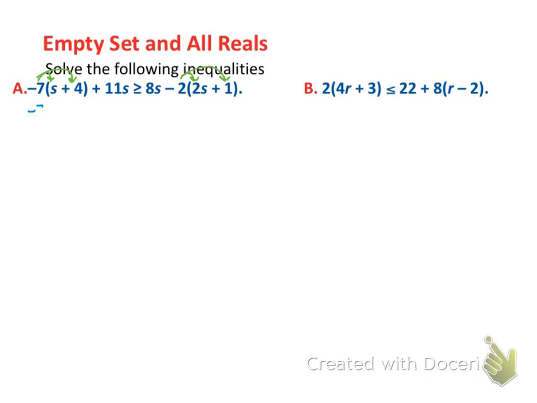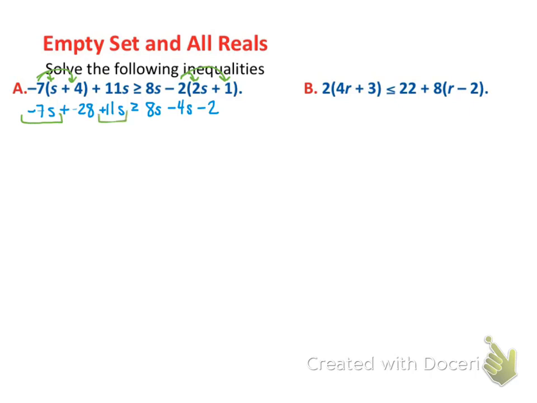That'll give us negative 7s plus negative 28 plus 11s is greater than or equal to 8s minus 4s minus 2. Now we're going to combine some like terms so that we can move them all to one side. We've got negative 7s and 11s.